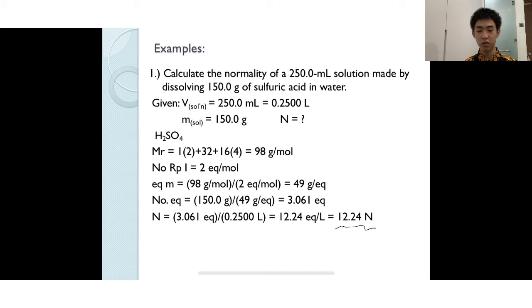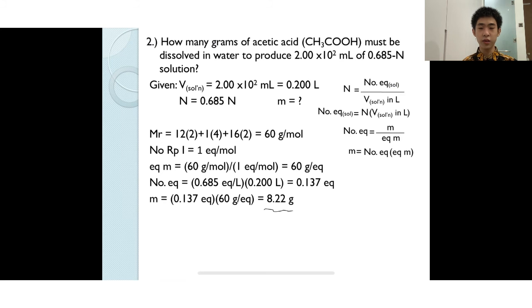So 3.061 equivalents divided by 0.2500 liters equals 12.24 equivalents per liter, or 12.24 normal.